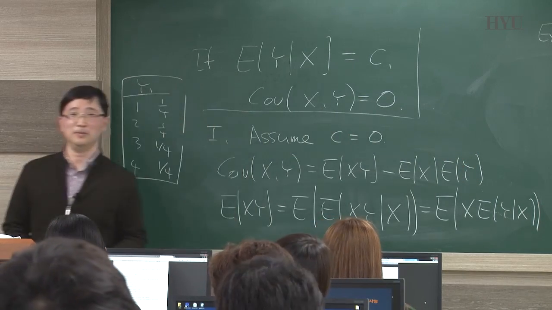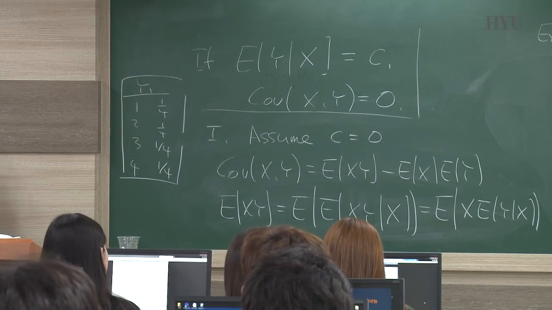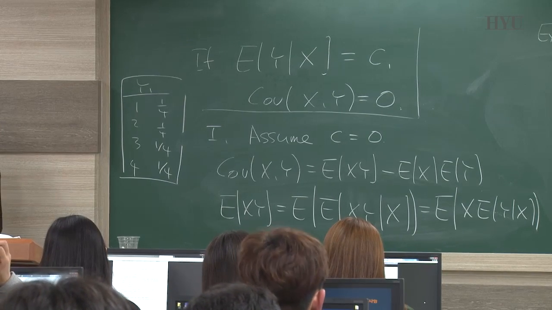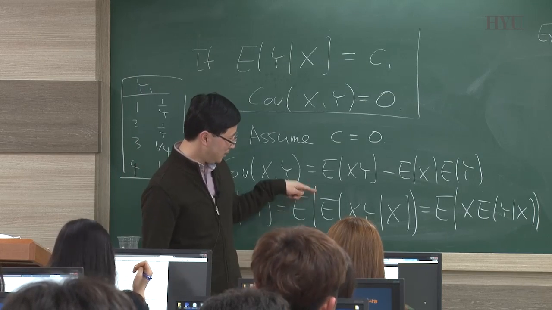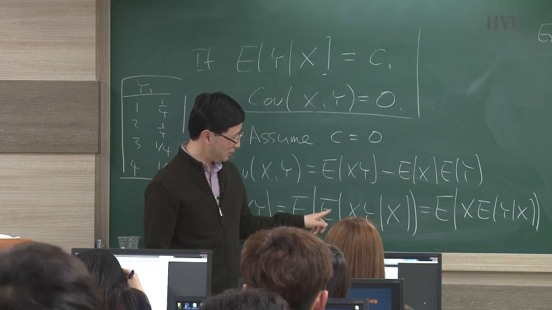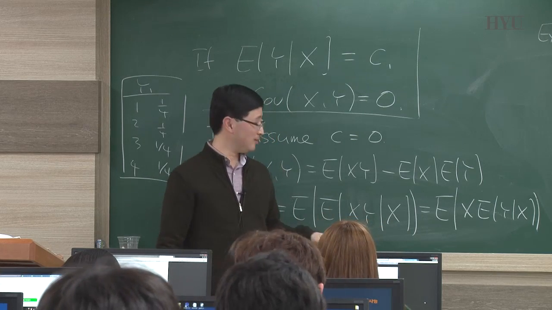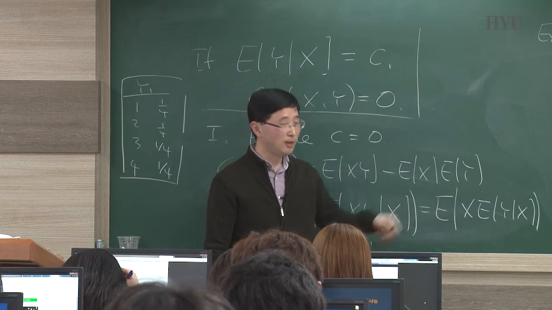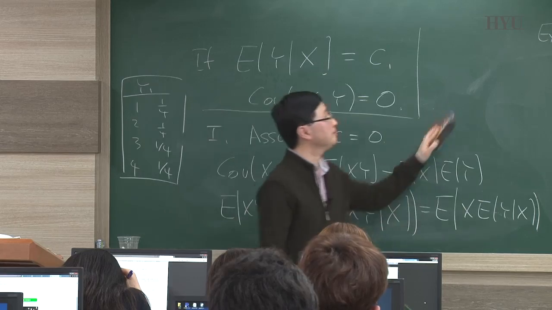So does it make sense to you? So inside of this outer expectation, we are allowed to assume that x is a constant because we assume that x is known, right? The constant can be pulled out of the expectation. So that's why I pulled it out.